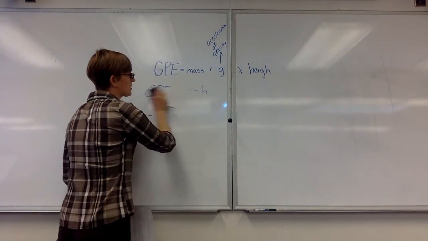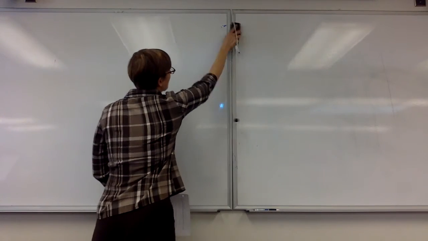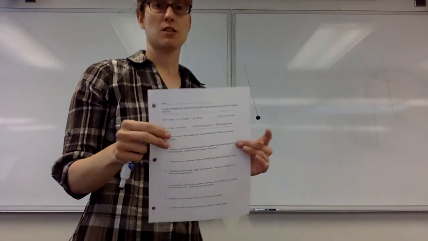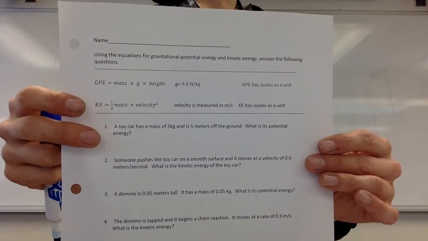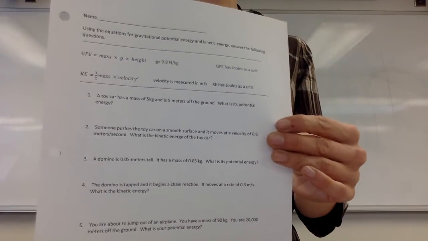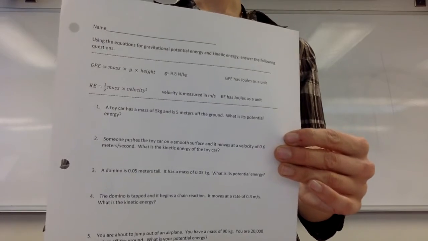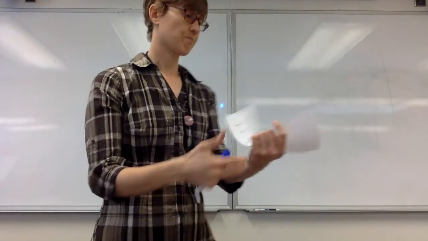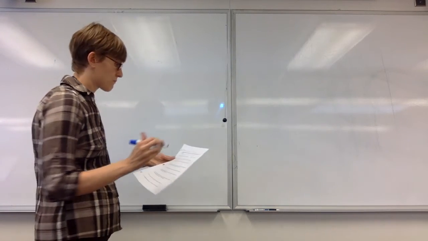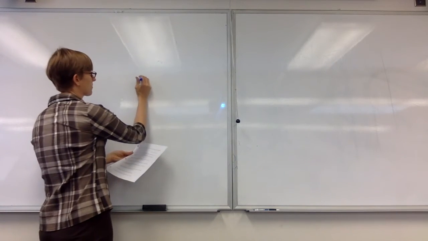So what we're going to do is we're going to look at some different situations and calculate the potential energy. So this is on a handout that you have that looks like this, that says answer the questions about gravitational potential energy and kinetic energy. Okay. So the first question says a toy car has a mass of 5 kilograms.